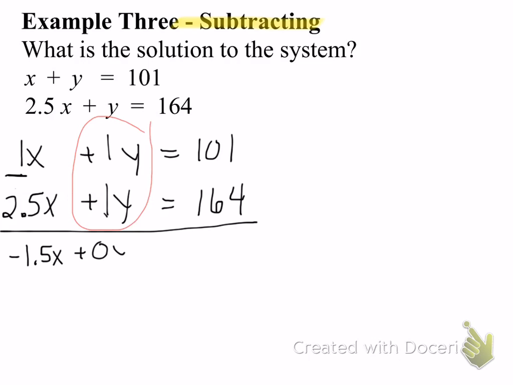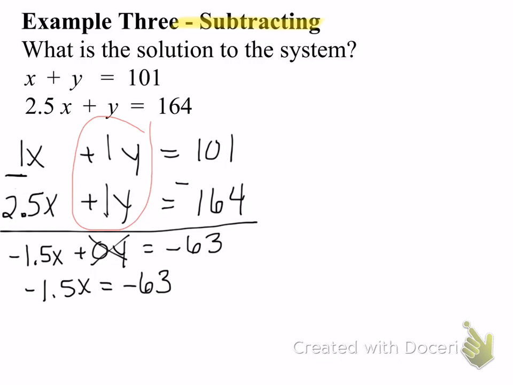So plus 0y equals 101 minus 164, which gives you negative 63. Well, let's go ahead and cancel out our y's. So that's negative 1.5x equals negative 63.